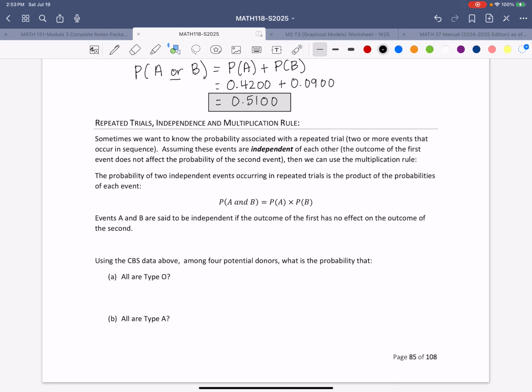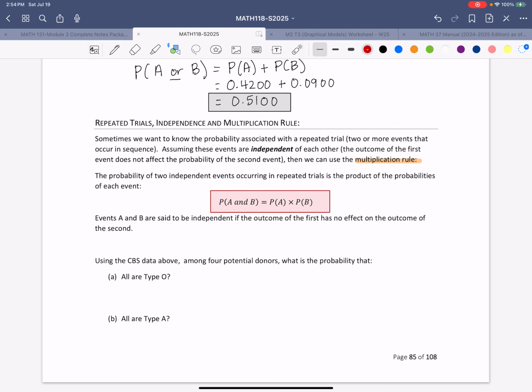Assuming these events are independent of each other, the outcome of the first event does not affect the probability of the second event, then we can use the multiplication rule. The probability of 2 independent events occurring in repeated trials is the product of the probabilities of the events. So here is our next important formula.